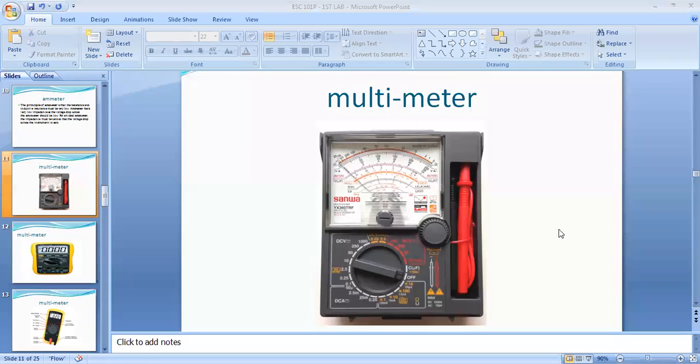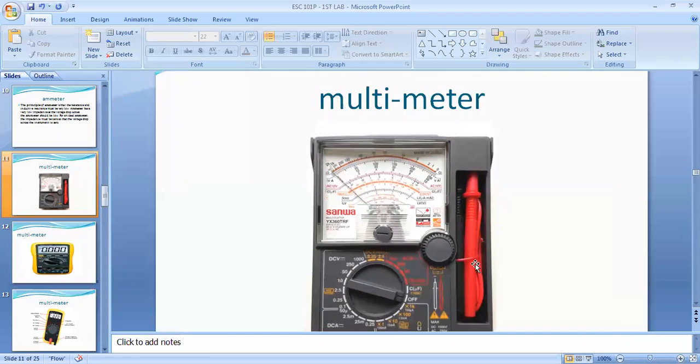Multimeter, it can be used for high current or voltage supplies. No, both current and voltage are measured by this. No, not high current, high voltage. Okay, note yourself. So this is a very useful meter, the multimeter.